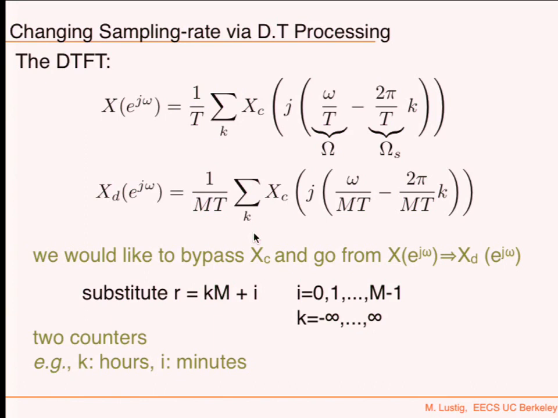One counter goes from 0 to 9, and the other basically skips. So I'm going to substitute r with kM plus i, where i goes from 0 all the way to M minus 1, and k goes from minus infinity to infinity. You can think of it as hours and minutes, like a clock.